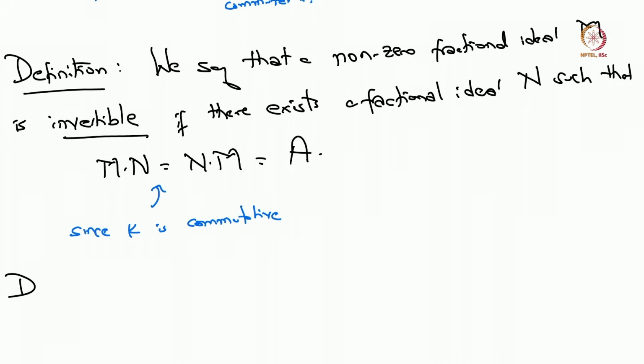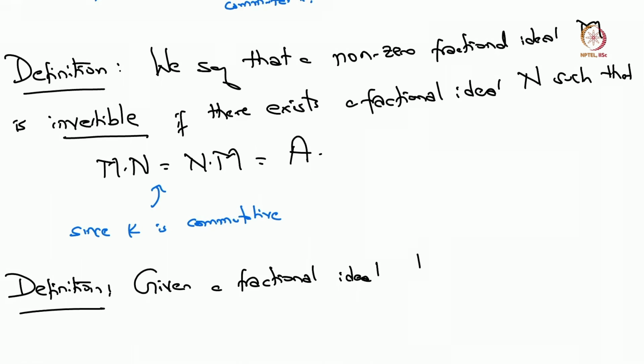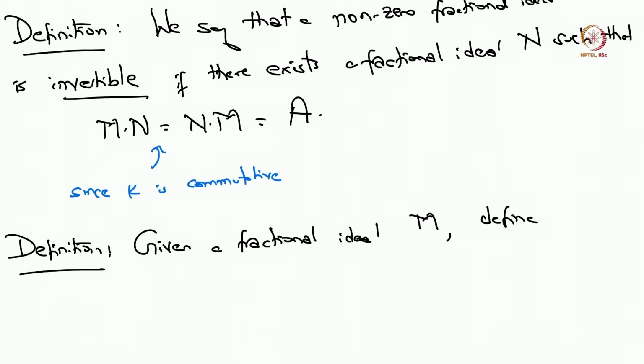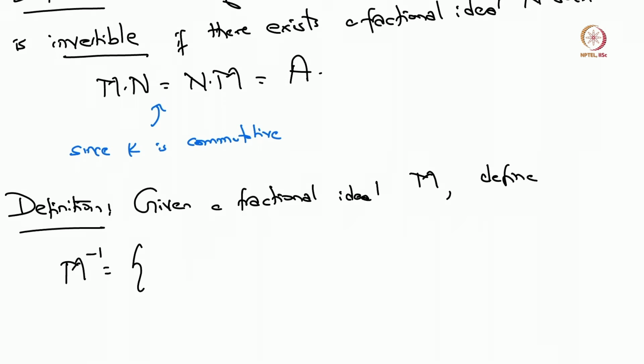Okay. So one more definition: if I give you a fractional ideal, is there a candidate for an inverse? So given a fractional ideal M, let's define a new module. I'll denote it M inverse, to suggestively denote that this could be a candidate for the inverse.